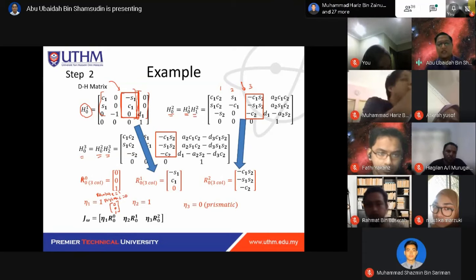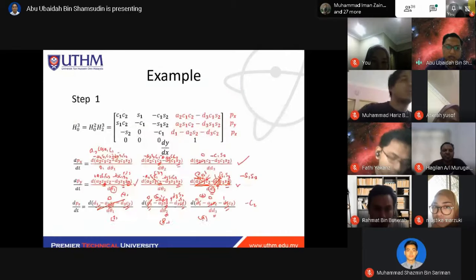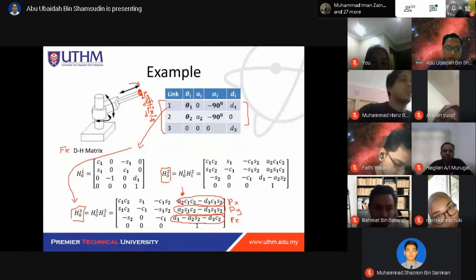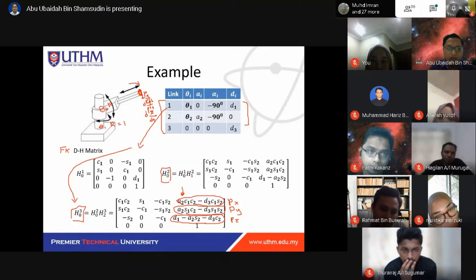Revolute 1, prismatic 0. Okay, for our robot, let's go back to our robot here. Theta 1 is apa? Revolute. Dia pusing kan? So revolute or rotational. Theta 2 is also revolute. Dia rotational. So sigma 1 equals 1, sigma 2 equals 1.